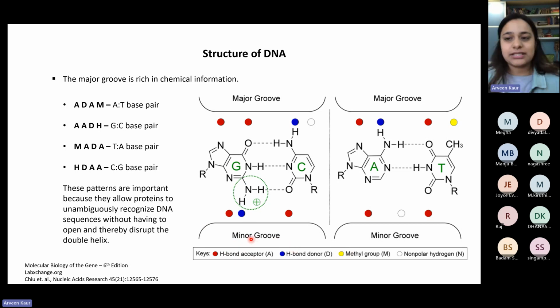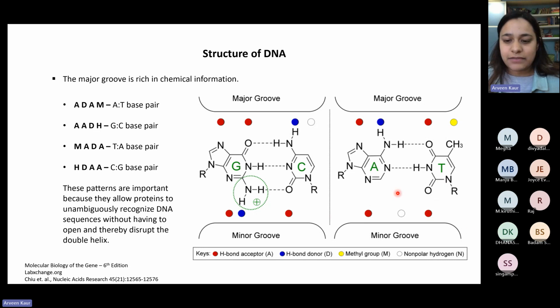And because it is a signature that reads the same from up and down, we will not know from which way we are proceeding, right? The same is the case with A and T. In case of the minor groove, they have a signature that is AHA, right? So this AHA will be the same for AT as well as TA.